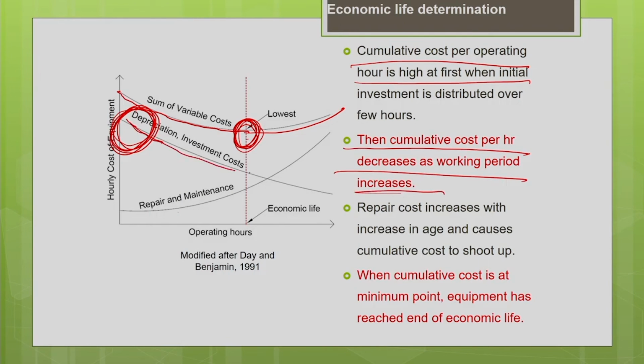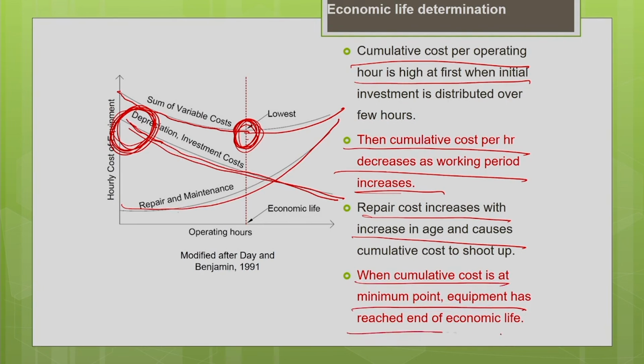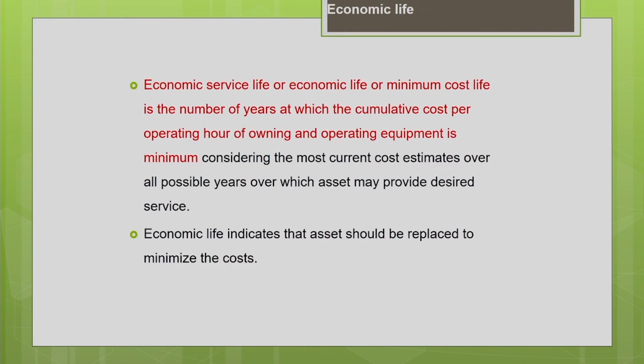The repair cost increases with increasing age. So when the cumulative cost is at the minimum point, it means the equipment has reached the end of its economic life. So it has reached the minimum point here. This is your economic life. This is the optimum replacement time for your machine. So what is economic life?